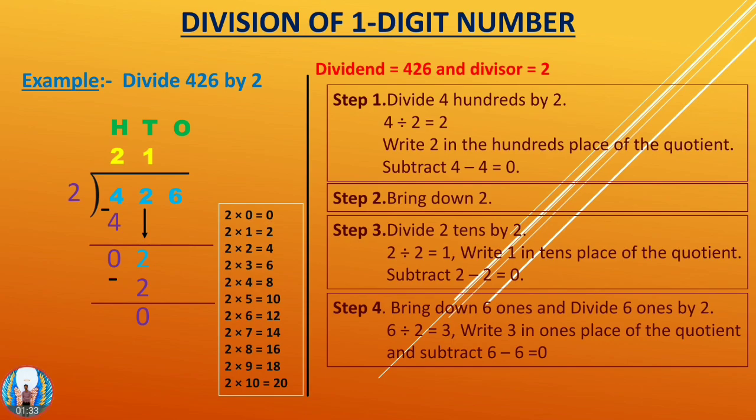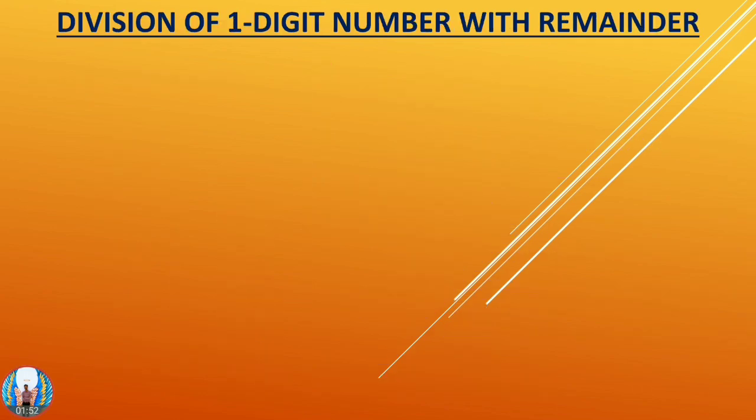Now we will bring down the 6 ones and divide 6 ones by 2. So 6 divided by 2 equals 3. So we will write 3 in the ones place of the quotient, and we will subtract 6 minus 6, that is 0. So here the remainder is 0. So the quotient is 213.